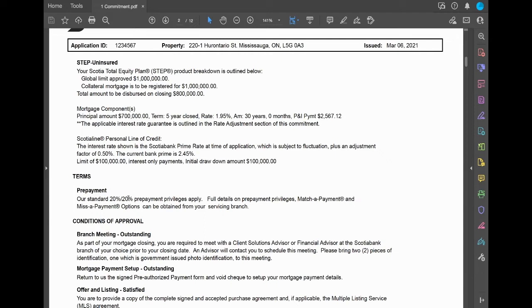This would be a 20% per year payment increase on the original payment, which in this case is just over $2,500. They also offer match a payment, so you can double up this payment each month. These are all individual, so you can do all three, or you can choose to do none or one at a time. They're all separately evaluated.